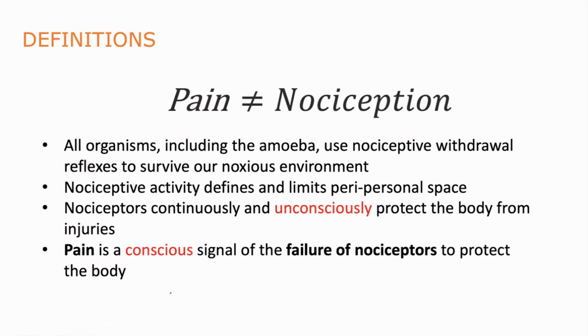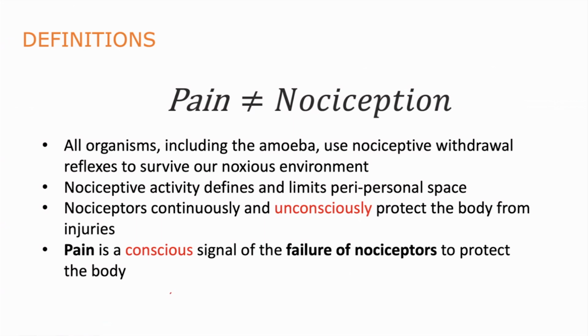On the other hand, we think of pain as a conscious signal that says, okay, the machinery did not work well enough, or you did something stupid, so we need now to change our behavior. To change the behavior, you have to have a conscious signal that will teach the organism, the brain, to change behavior.